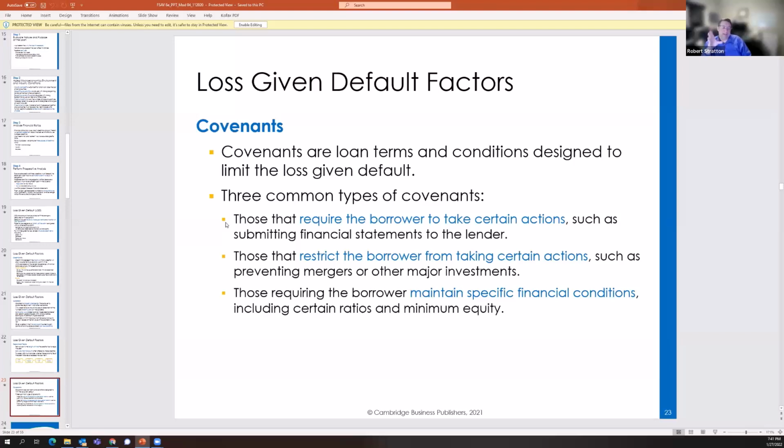Covenants range from basic, like if we want to see your books, you have to show us your books, all the way to you have to take certain actions, or you're restricted from taking certain actions, like borrowing from somebody else. You have to maintain certain financial conditions, like you always have to have so much cash in the bank. Very, very common. It's very unlikely the lender would not impose some kind of covenant.